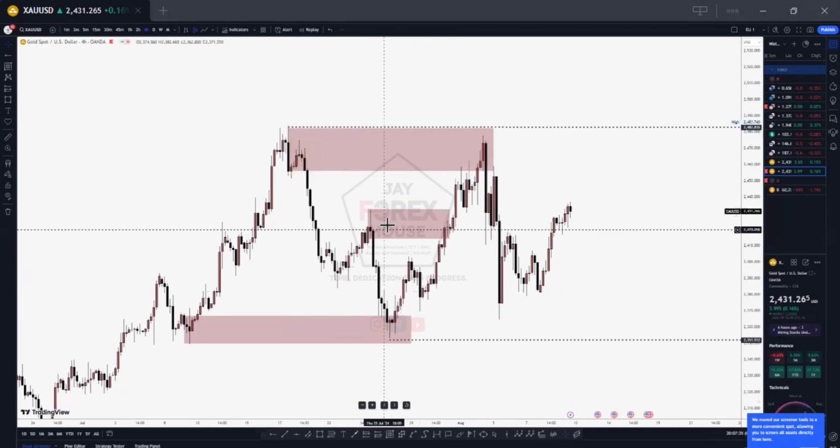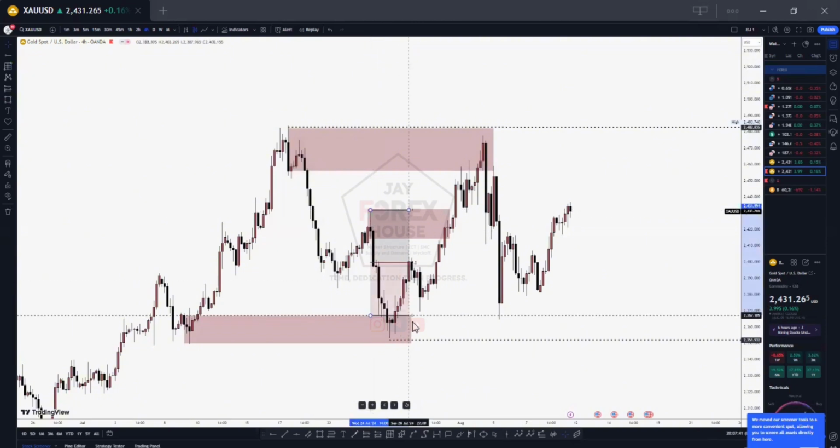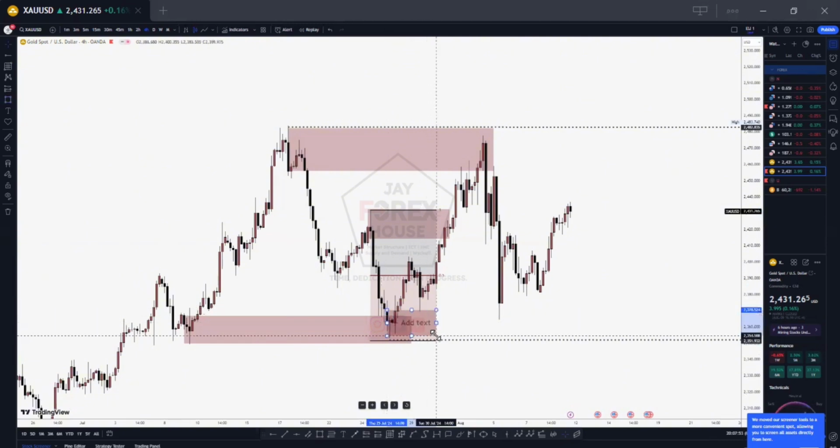So if I'm calling this a supply zone, it's basically because maybe I'm observing this aspect of the range. And while doing that, this is going to be the premium aspect of it, and this is going to be the discount. So within the premium and discounts, you now identify the areas which you see as supply and demand. But it comes with the range and premium and discount.